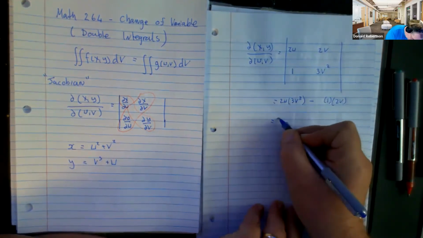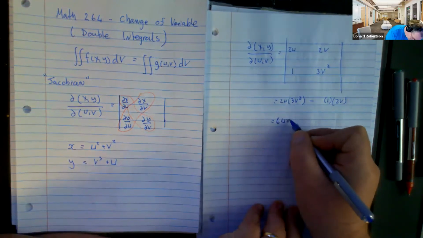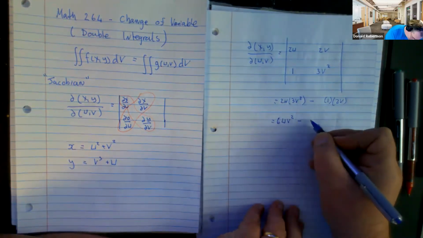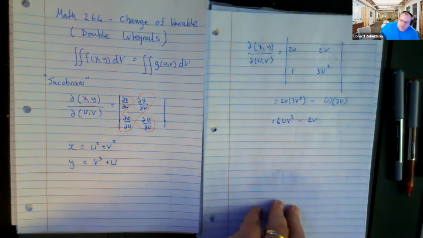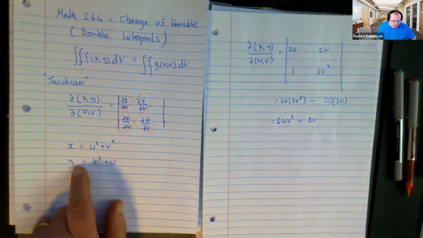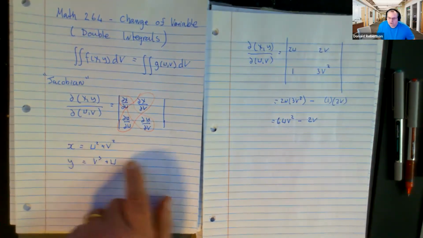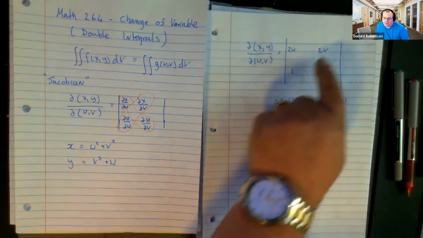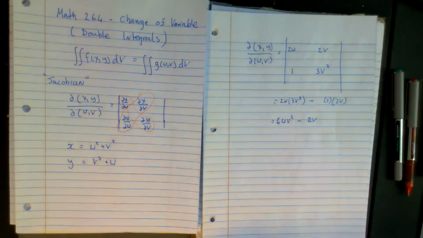So the Jacobian in this case is 6u v squared, take away 2v. Are you comfortable that as long as I tell you who x and y are in terms of two variables, that you can use this to get a Jacobian?